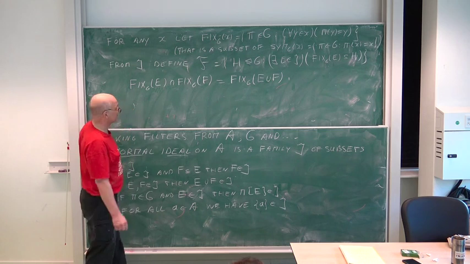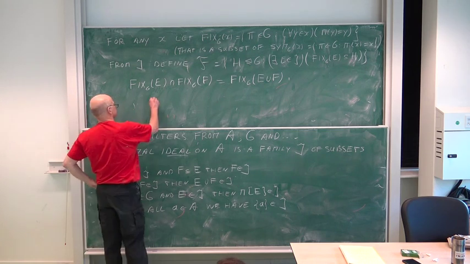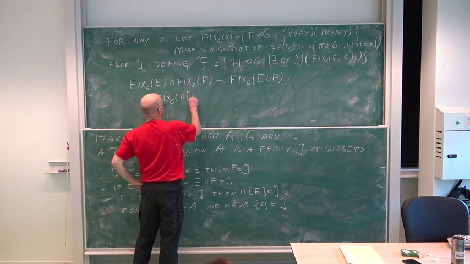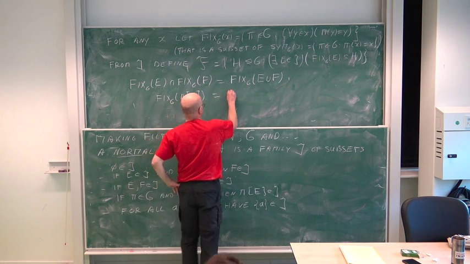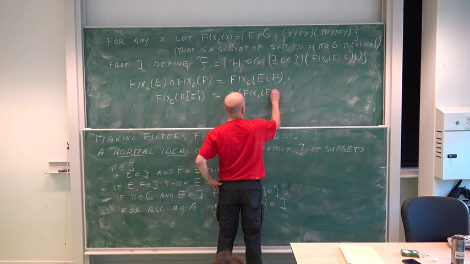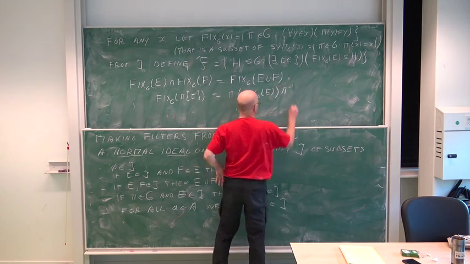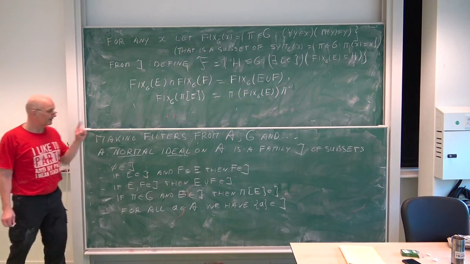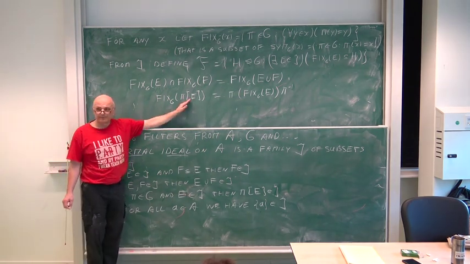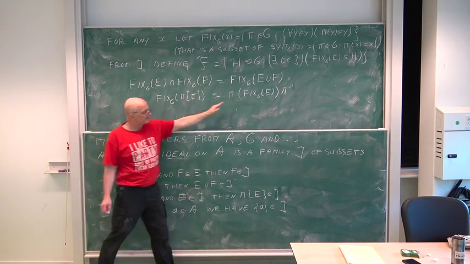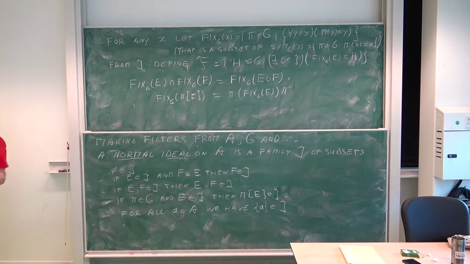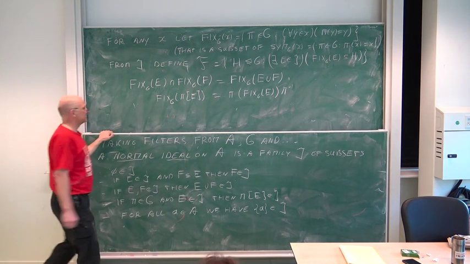And let's see. I think I have it in the right order. I'm taking this out of my head. But the fixing subgroup for pi E consists of the thing you get from the fixing subgroup of E by conjugating with respect to pi. Let's see if that works.